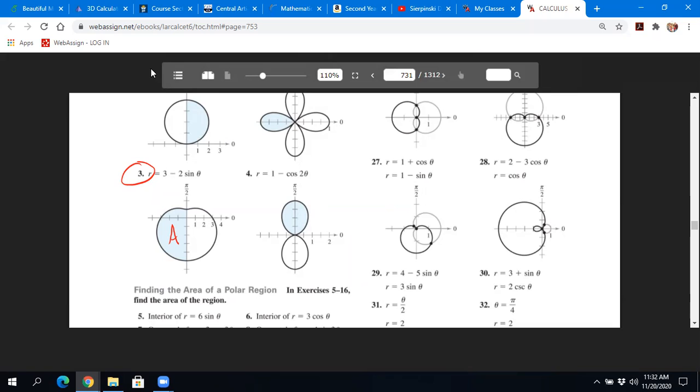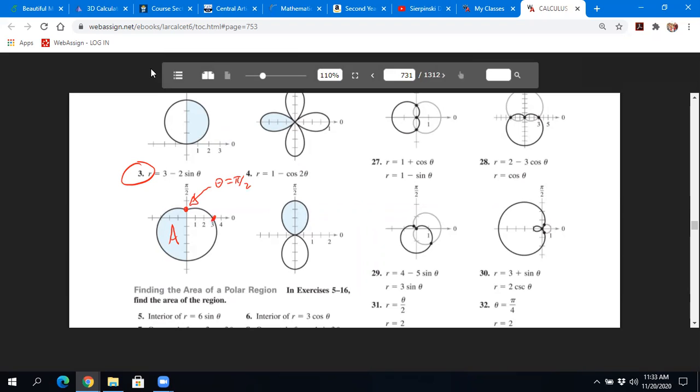If you think about it, this point right here, where all the magic starts happening, that's at 90 degrees. Isn't that right? So 3 minus 2 times the sine of 90 degrees. Sine of 90 degrees is 1. 3 minus 2 is 1. So that point happens when theta is pi over 2.